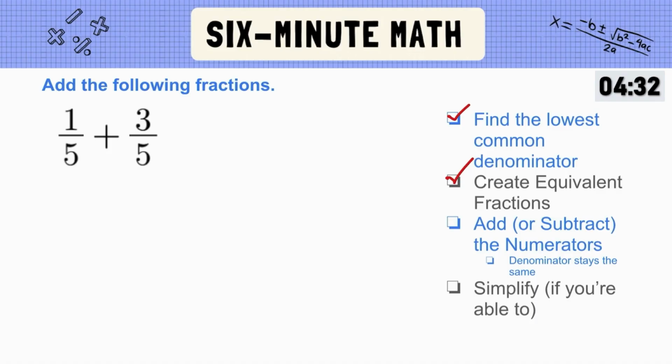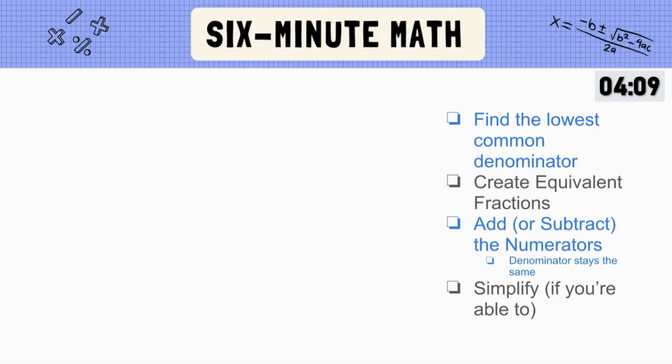I'm going to add the numerators. 1 plus 3 is 4. My denominator will stay the same at 5. And then I would reduce if I'm able to, and in this case, I'm not. 4/5 is my answer.